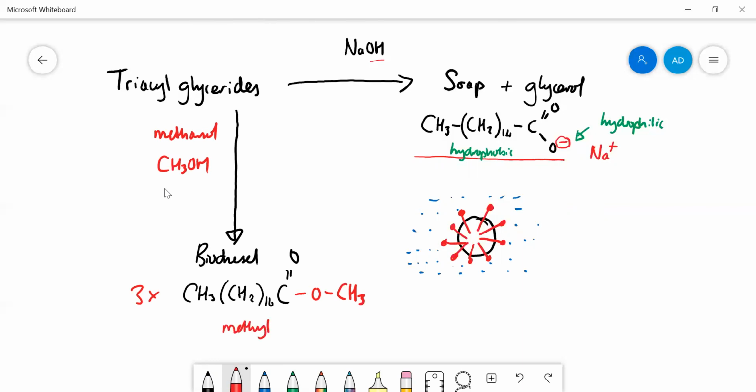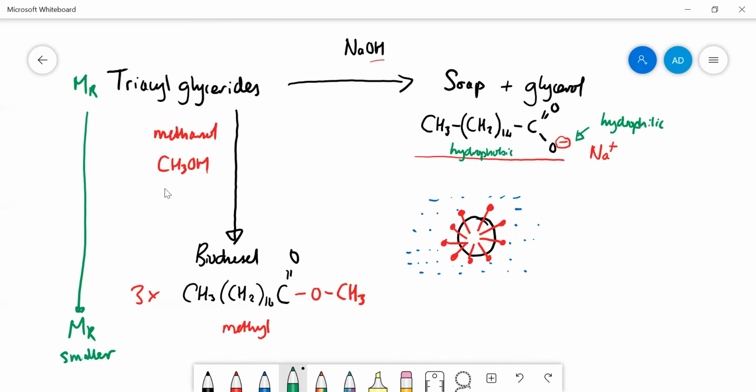Presumably, I don't know for sure, but I think the reason they do that is, obviously, what's going to happen to the molecular weight as you go from the triacyl glyceride to here. The molecular weight is going to be smaller. That means it will be less viscous, with weaker intermolecular forces, and the boiling point is going to be lower, so it may be a bit easier for it to burn.